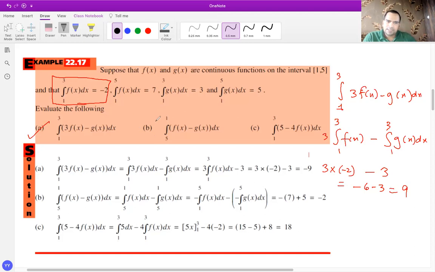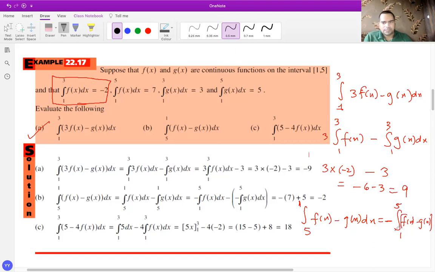Now the second one is, let's say, from 5 to 1. Here you can see the limit has been flipped. I don't have any limit that starts from 5 and ends at 1. So I have to find the value of the integral from 5 to 1 of f of x minus g of x. This is going to be exactly negative if I make the limits opposite, so the negative of the integral from 1 to 5 of f of x minus g of x.